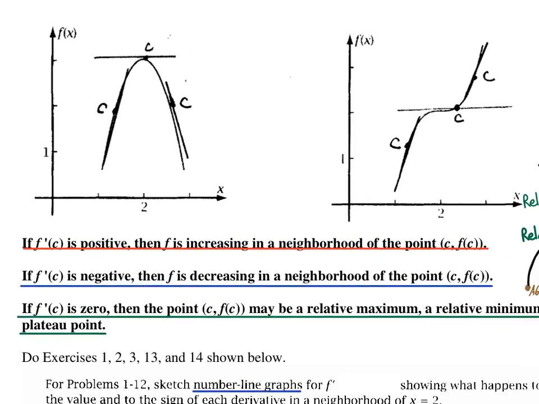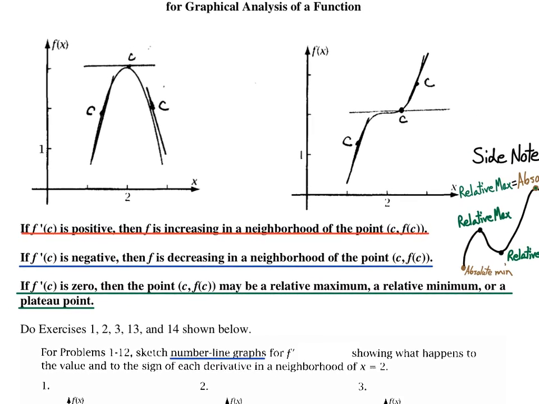And that is, if f prime of c is positive, then f is increasing in a neighborhood of the point c, f of c. Okay, so if we have this point c, we see that the derivative is positive there.